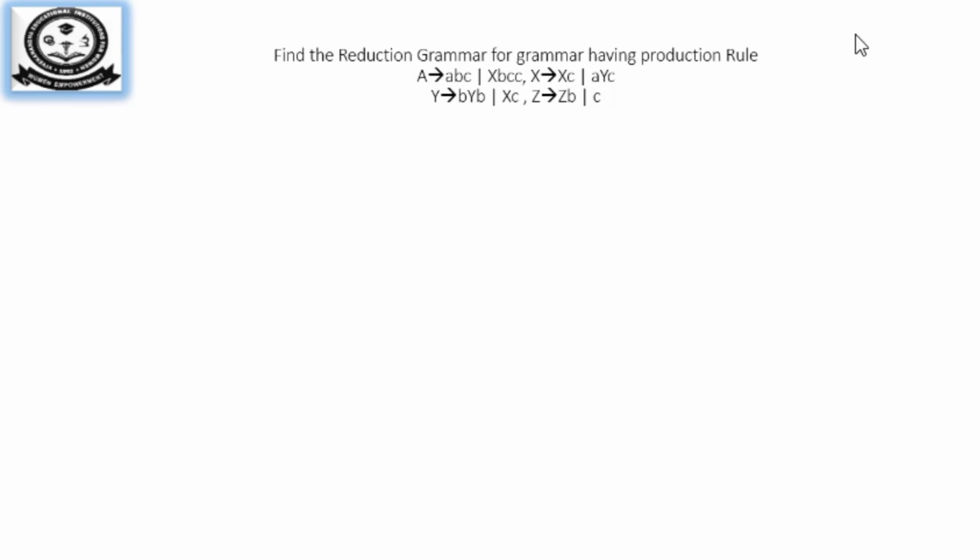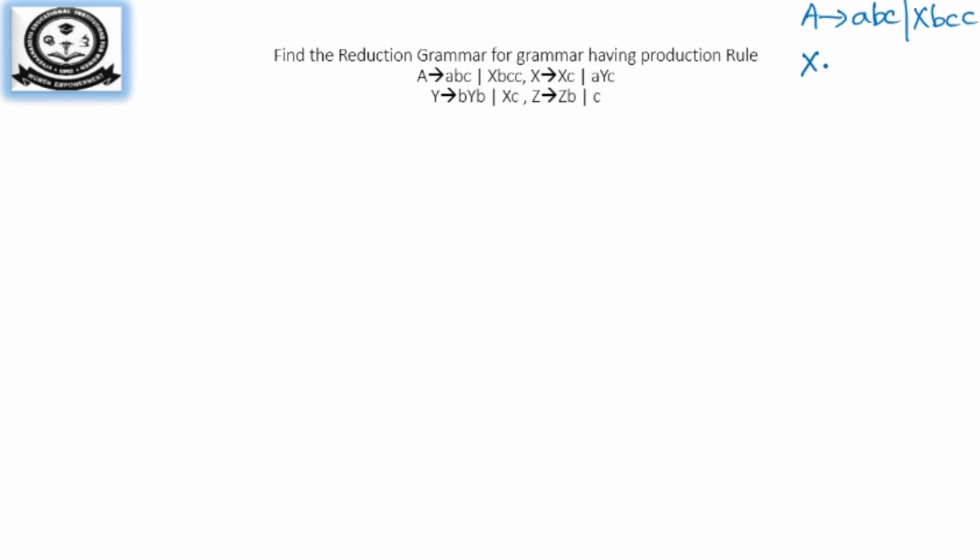Right, we'll see another example, a little bit more complex. What are the rules here we have? I will write it down. A tends to ABC or XBCC.